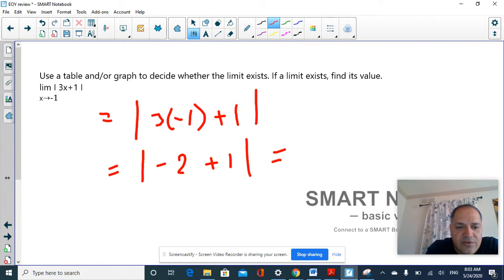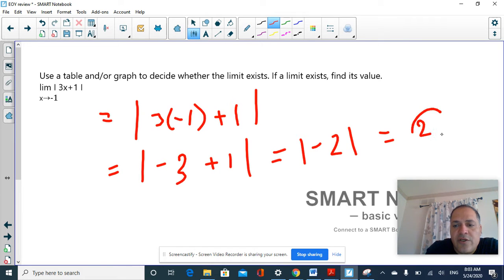Sorry, -3 plus 1 is -2. So your function approaches what? 2, the absolute value. So from left and right when x approaches -1, the function will be what? Yes, 2.